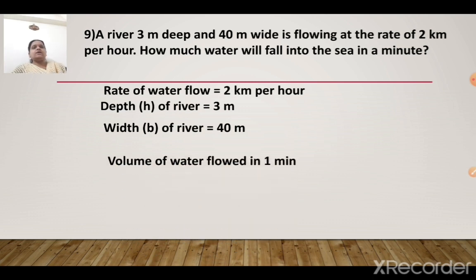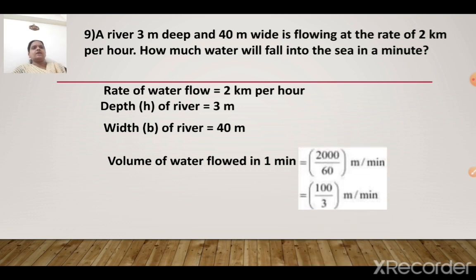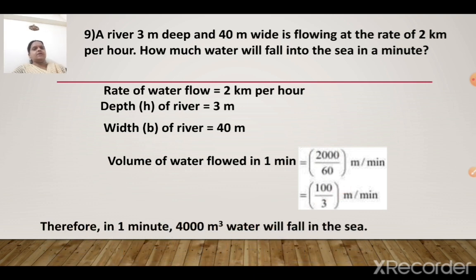The volume in 1 minute we have to find. As I told you, it will be 2000 upon 60. 2 kilometer to meter is 2000, and this per hour value is given, 1 hour equals 60 minutes. So divide by 60. The 0 will get cancelled. 2 threes are 6, 2 ones are 2. So it will become 100 upon 3 meter per minute.